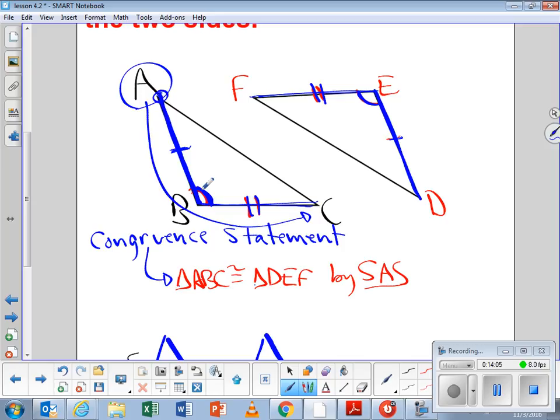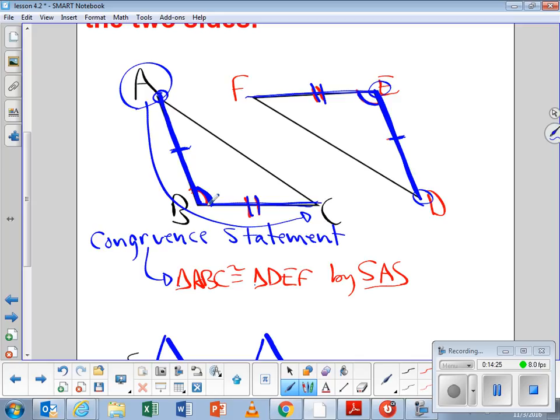So if I come over here, here's our single line. Here's one end and here's the other end, but the one that matches up with A is not the angle that's marked, but the other end. So we go D to the angle and across the two-sided, or the two-marked side.